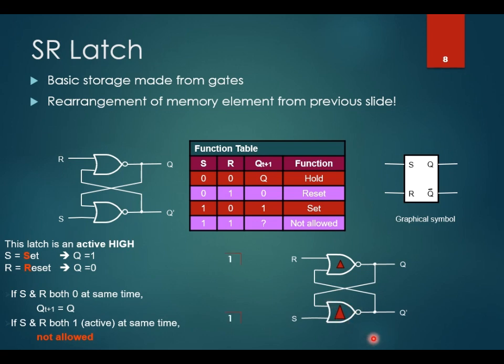So when the race condition happens, some delay may result in a slightly late 1 coming out at Q bar compared to Q, if we assume the lower NOR gate has longer delay.